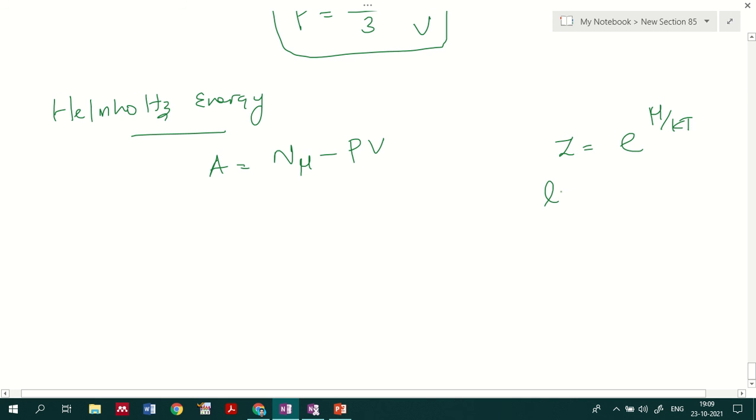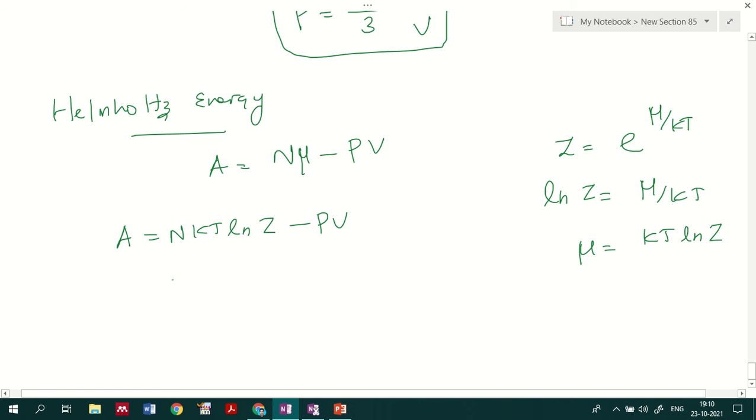So ln z is mu by kT, and mu equals kT ln z. So we can substitute this value of the chemical potential, mu equals kT ln z. So A equals N kT ln z minus PV.